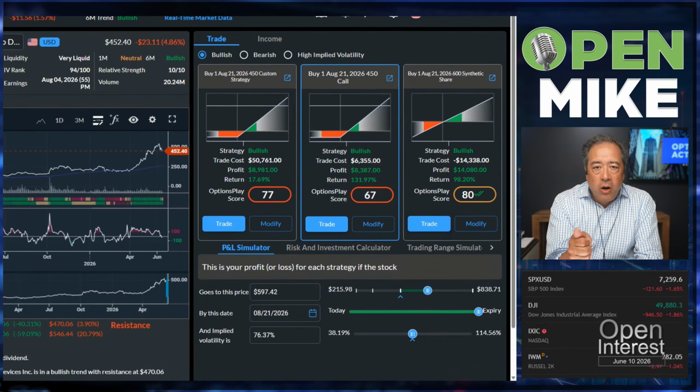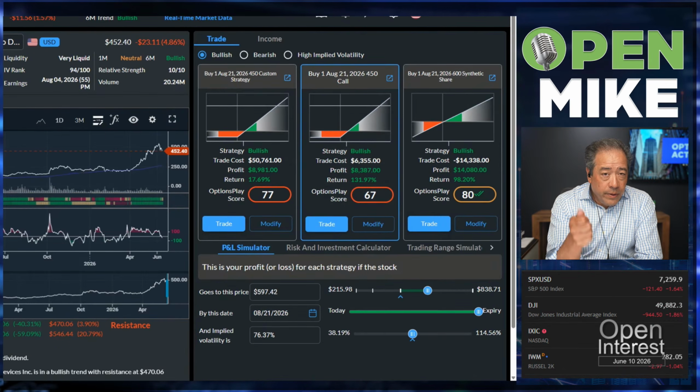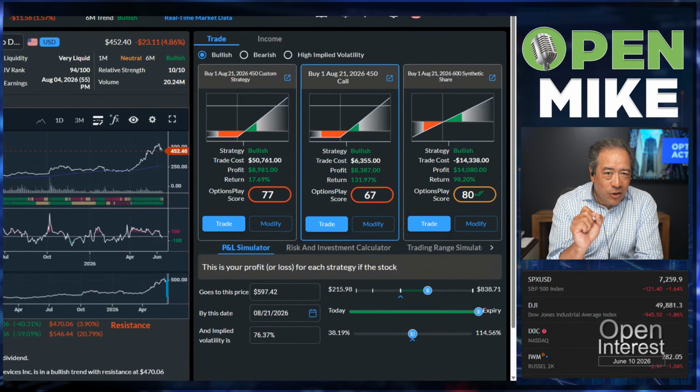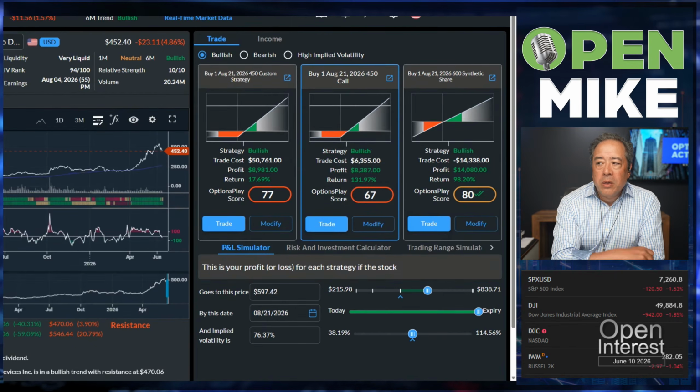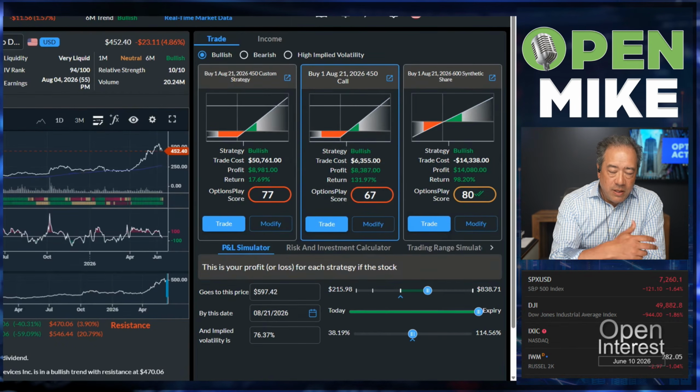If you are long a call and short a put of the same expiration and the same strike, and we're going to assume for simplicity that they're European, meaning that they cannot be exercised early, so you will not be assigned before expiration, and you will not have the choice to exercise your long option before expiration, then you essentially have a synthetic position in the underlying asset.